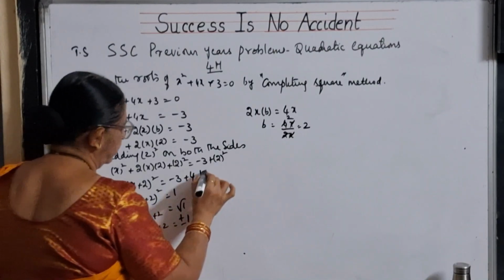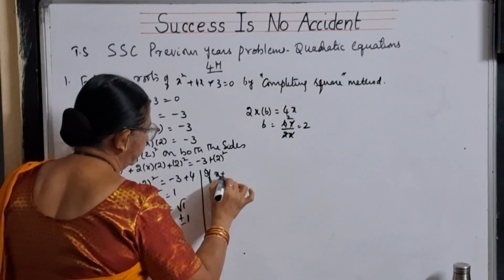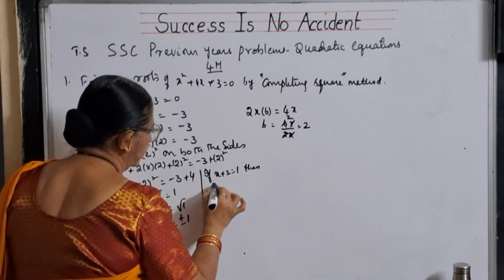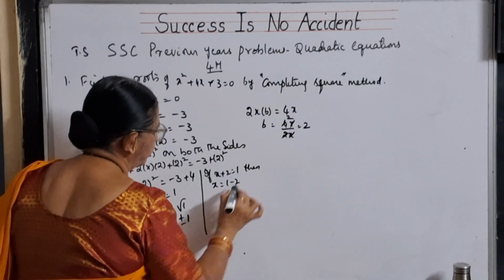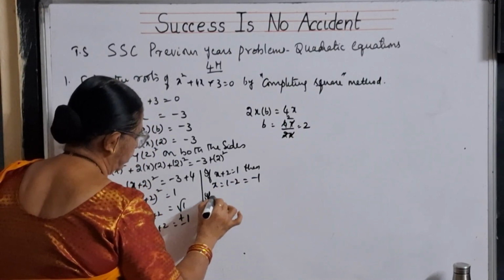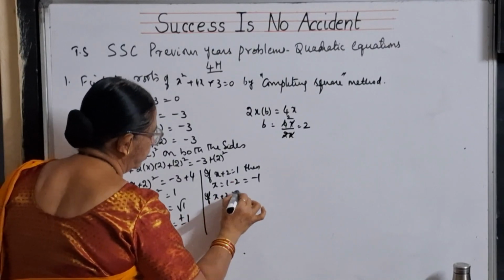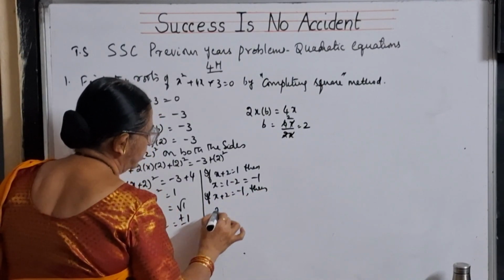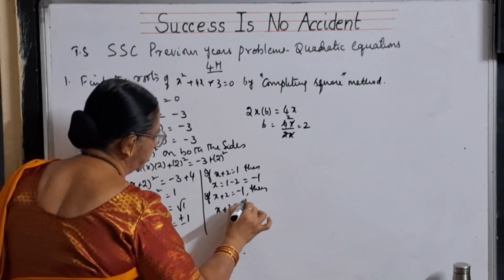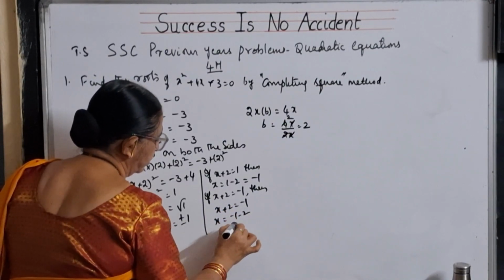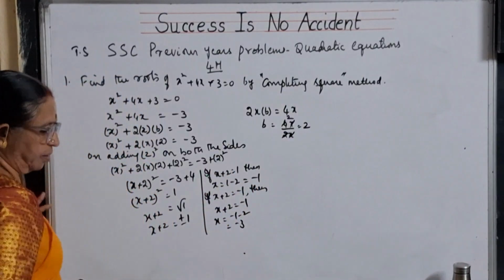So if x plus 2 is equal to 1, then x is equal to 1 minus 2, that is equal to minus 1. If x plus 2 is equal to minus 1, then x is equal to minus 1 minus 2, that is equal to minus 3.